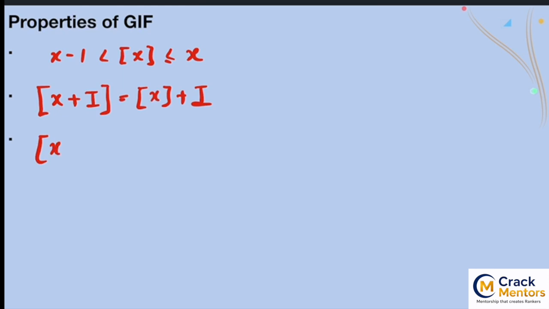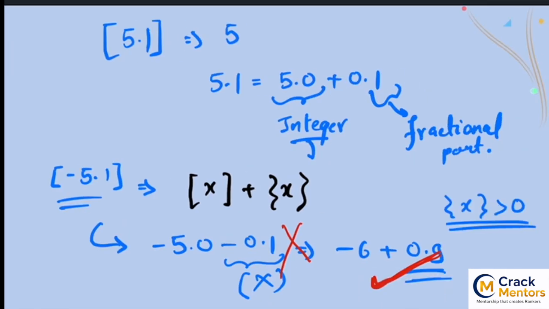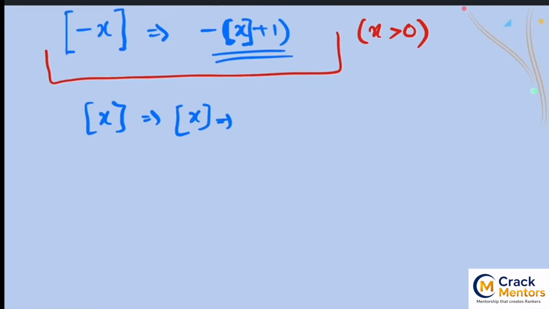Greatest integer of x plus greatest integer of minus x. What can it be? As I've already told you, the greatest integer of any negative part can be written as this.